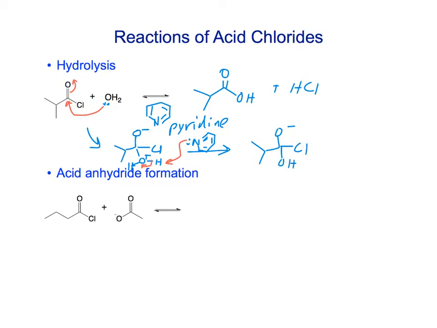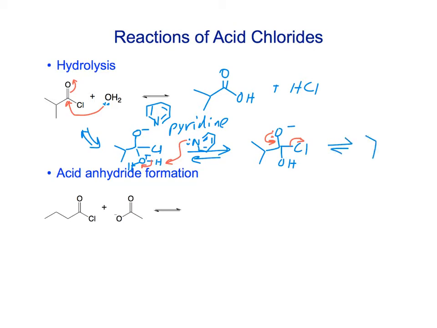Okay, and now chloride is our best leaving group, and so it can leave like this. So really each of these could be in equilibrium. I'll just rewrite this.